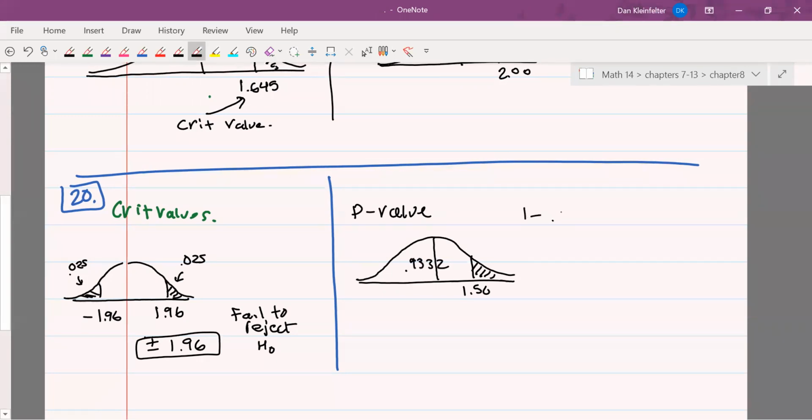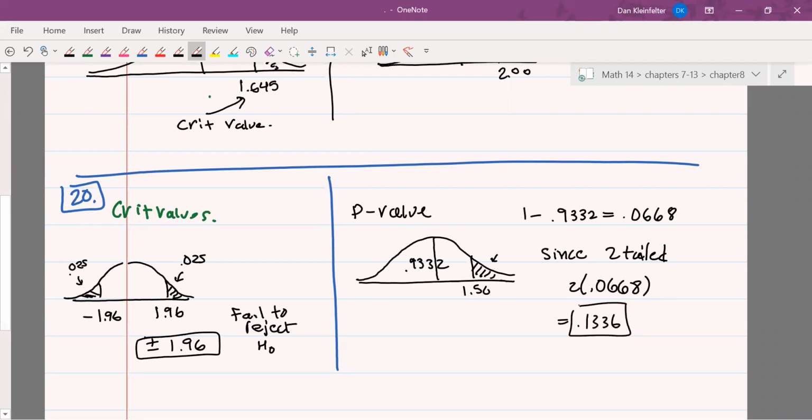So then 1 minus 0.9332, so that's 0.0668. Okay, that would be the area in one tail though, and our test was a two-tailed test, so we're going to double it. Okay, so 2 times 0.0668 is 0.1336.